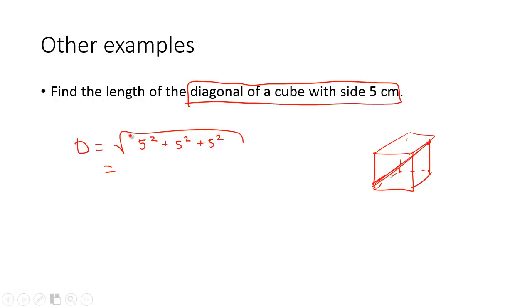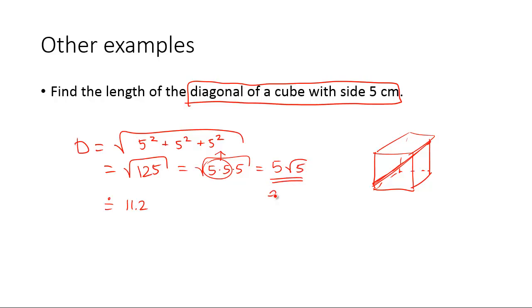So that's 25 plus 25 plus 25, which is 125, and so that's the square root of 125. You could approximate it by 11.2. You could also simplify it, and that would be 5 times 5 times 5. So that's going to be 5 root 5 as an exact value.